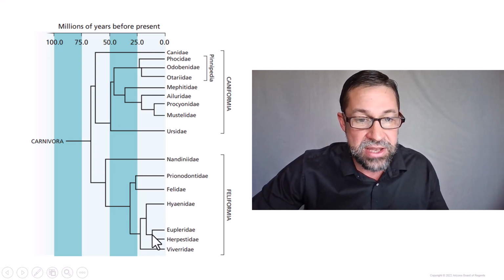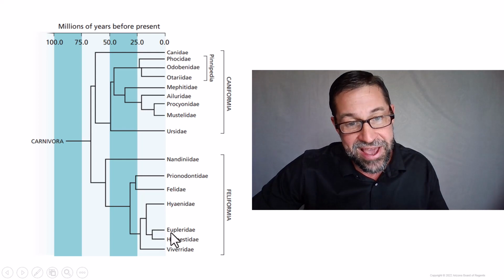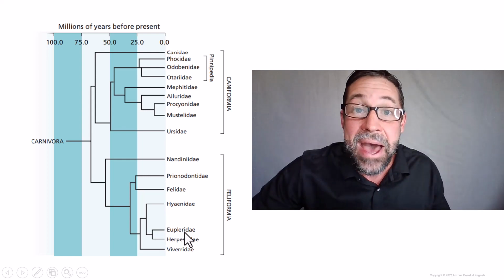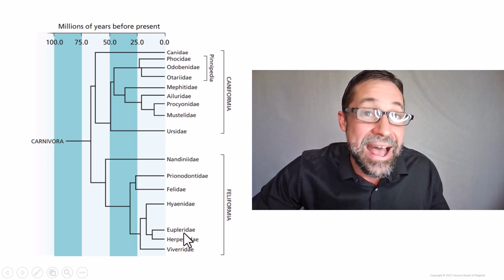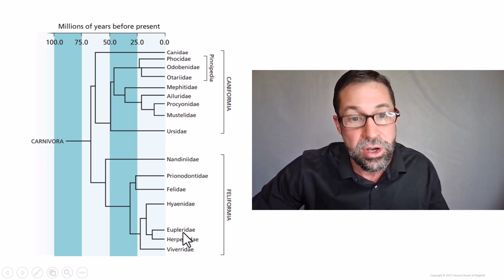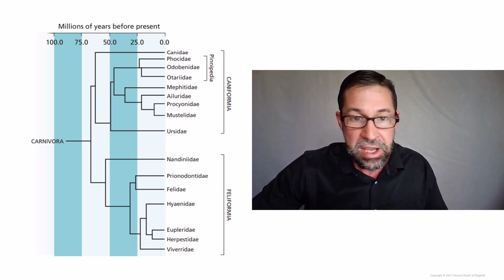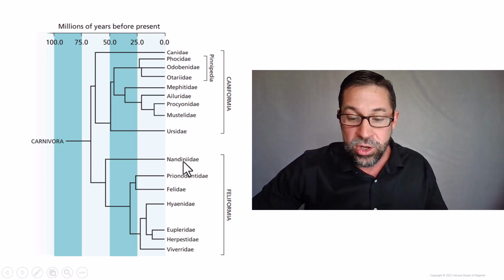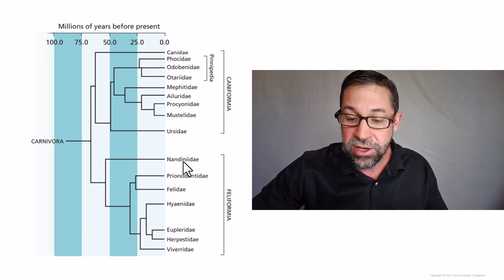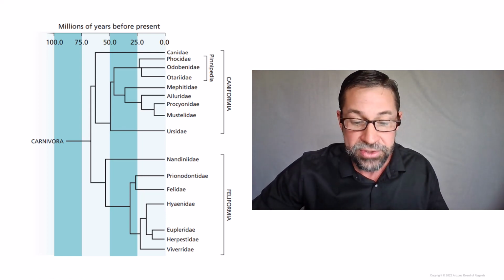And then this is an ancient split in the mongooses. These are the mongooses that radiate on the island of Madagascar. So the Eupleridae are the Malagasy, or Madagascar mongooses. And then that leaves us here with the Nandiniidae, which is a monotypic family that includes the African palm civet.